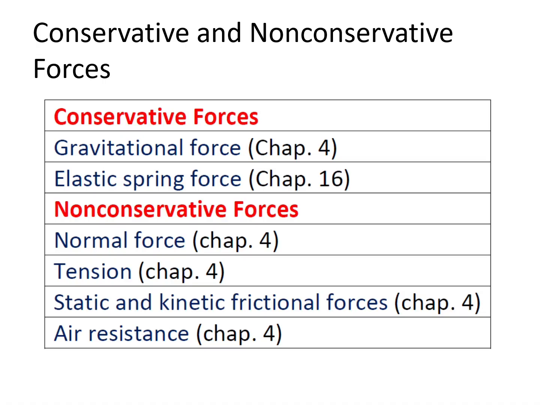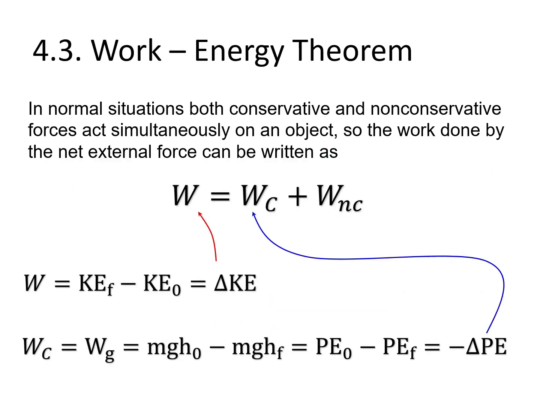Now let us combine conservative and non-conservative work in the work energy theorem. In real situations, conservative and non-conservative forces can act at the same time. The total work can be written as W equals W sub C plus W sub NC, where W sub C is work done by conservative forces and W sub NC is work done by non-conservative forces.